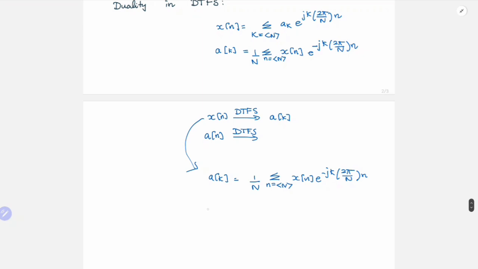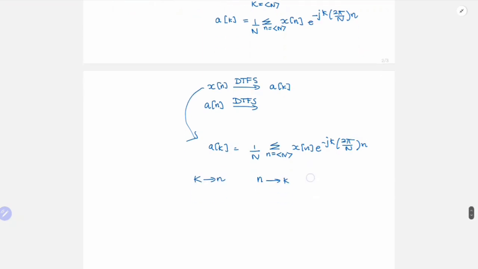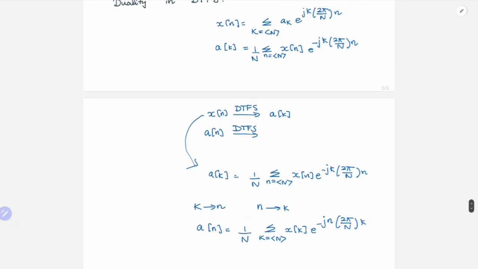So I'll replace k with n and n with k. So what I get? a of n equal to 1 over N summation k over N of x of k e power minus j n 2 pi over N into k. So this is similar to whatever form I need here, except for a minus sign here, correct? I don't want that minus sign, but I want a of n on the left hand side for sure.